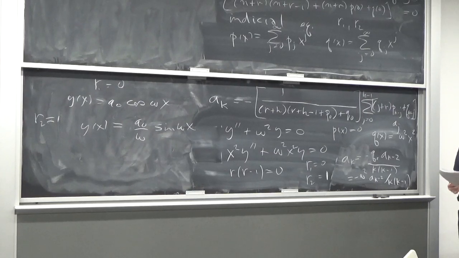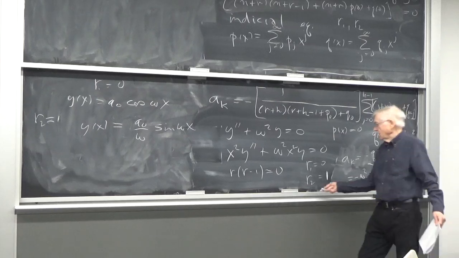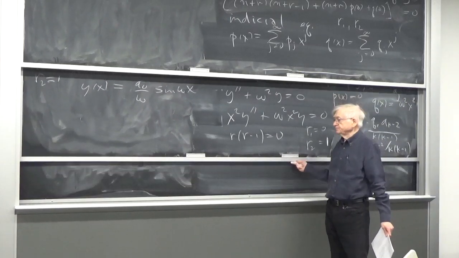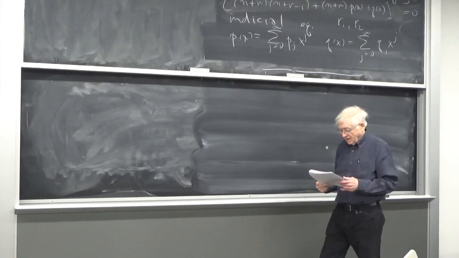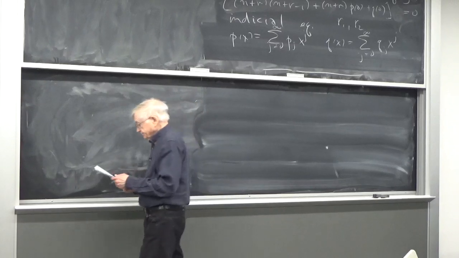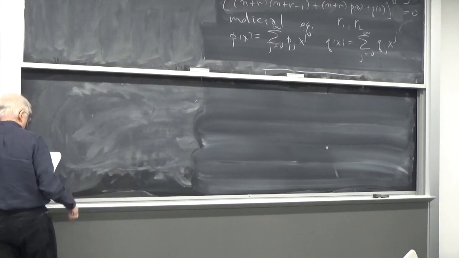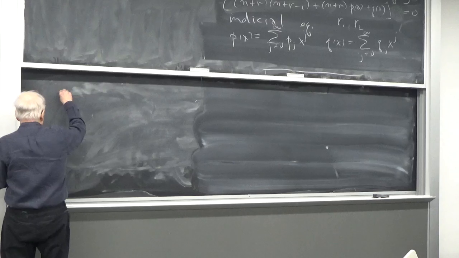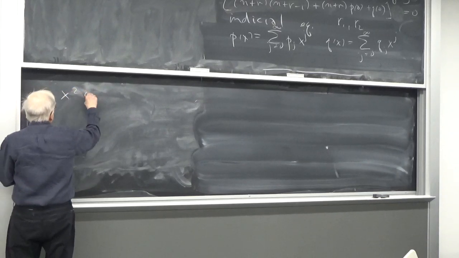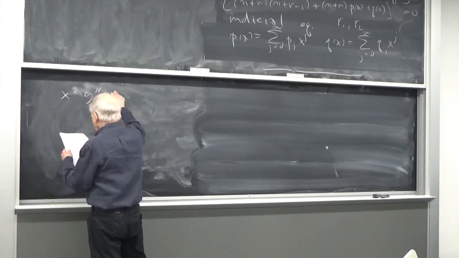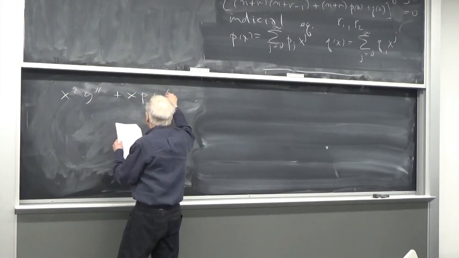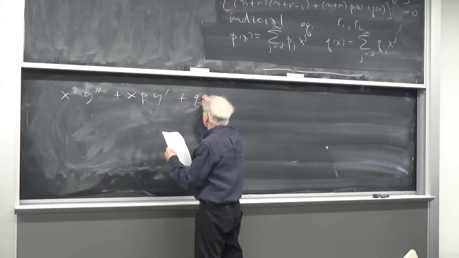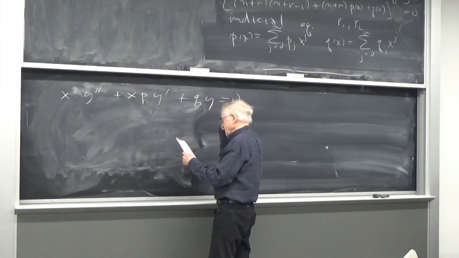Now what happens is you can apply this to many other cases, and in particular we can look at Legendre's equation. What we'll do is we'll rewrite Legendre's equation as x squared y double prime plus x p y prime plus q y equal to 0.